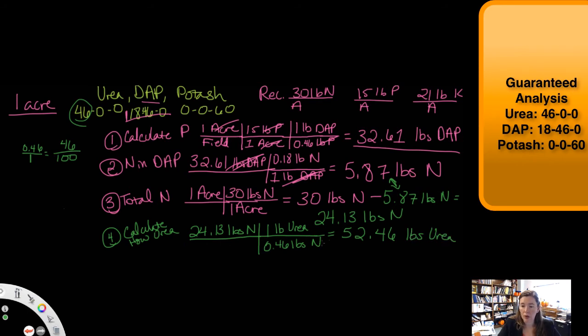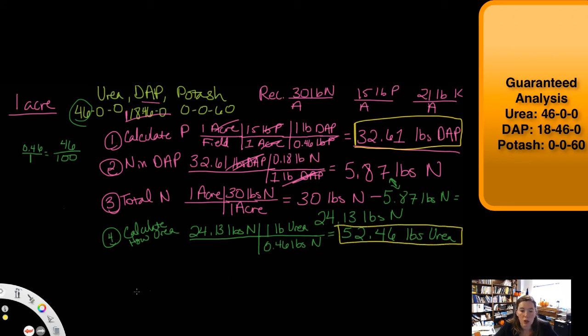Okay, so we've now calculated how much DAP we need to buy. We know how much urea we need to buy. So the last thing that we need to do at this point is step 5, which is calculate our potash.